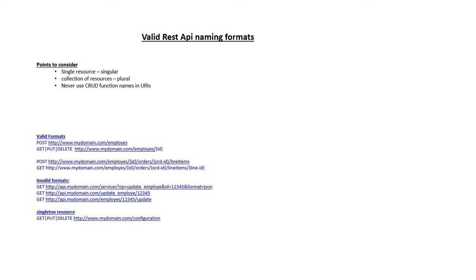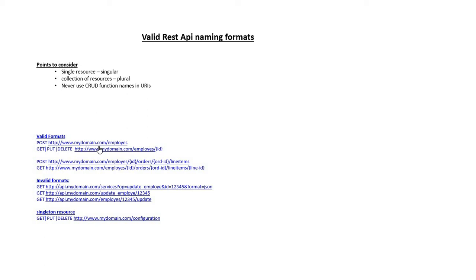Now let's say for the employee I'm going to put orders, and for each order I need to create line items. So I want to create an order. If I simply say domain.com/orders, that endpoint URL is not telling me to which employee I am going to add that order, right?